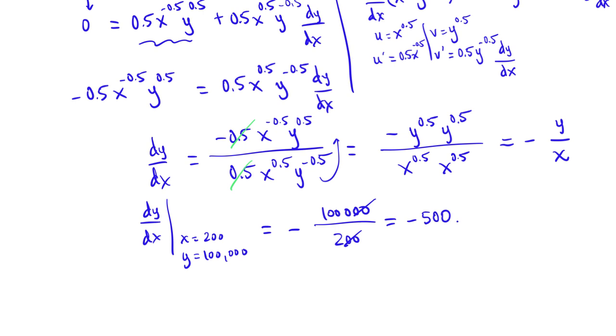The unit for y is dollars, and the unit for x is workers. What does it mean in this case?